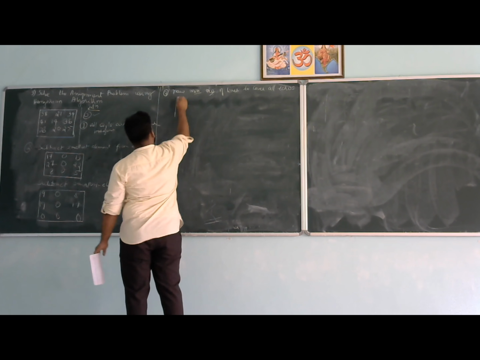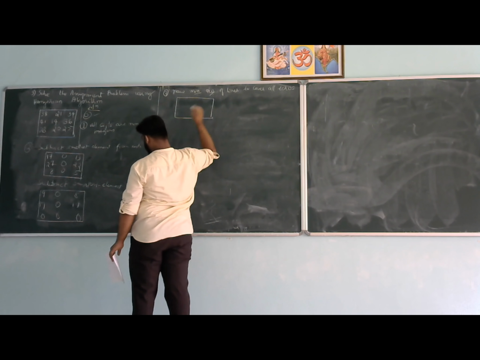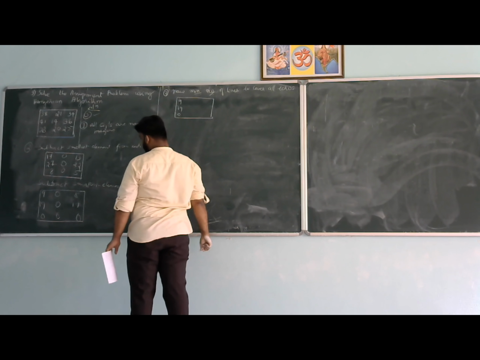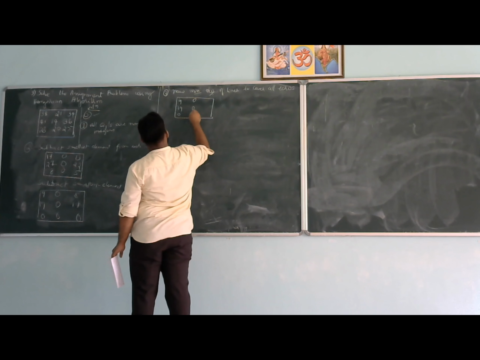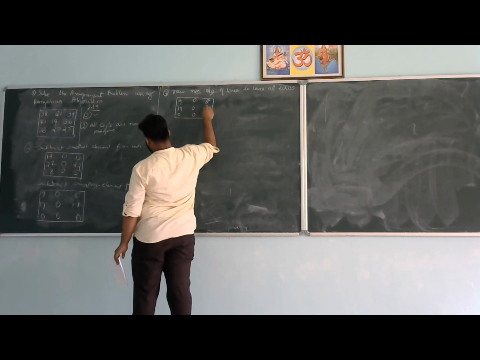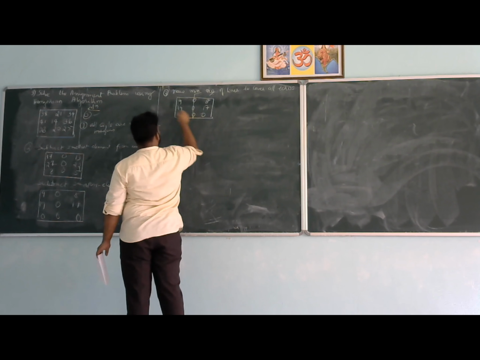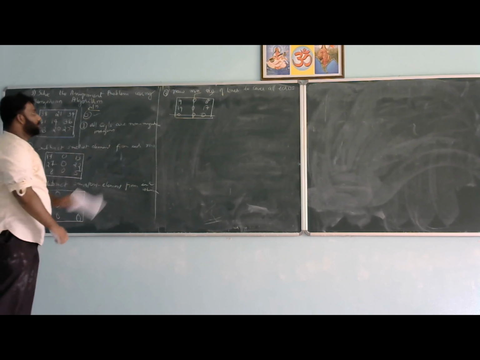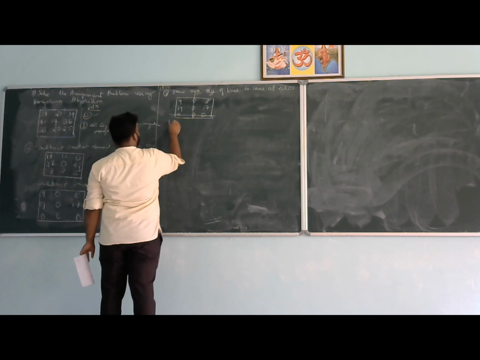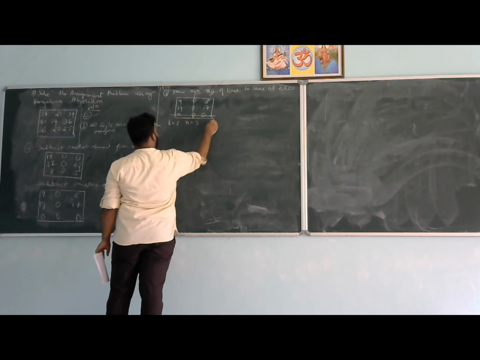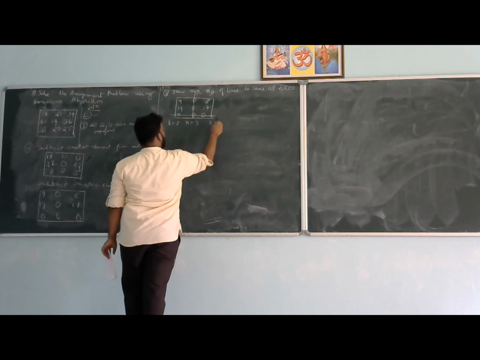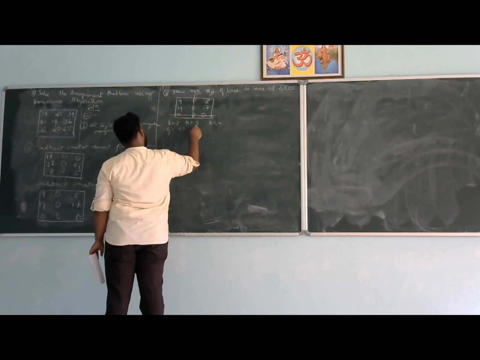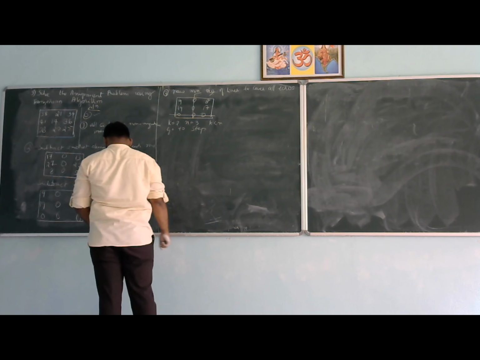So 9, 19, 0, 0, 0, 0, 8, 17, 0. We have to use the minimum number of lines. So here k is equal to 2, n is equal to 3, so k is less than n. So go to step 2.